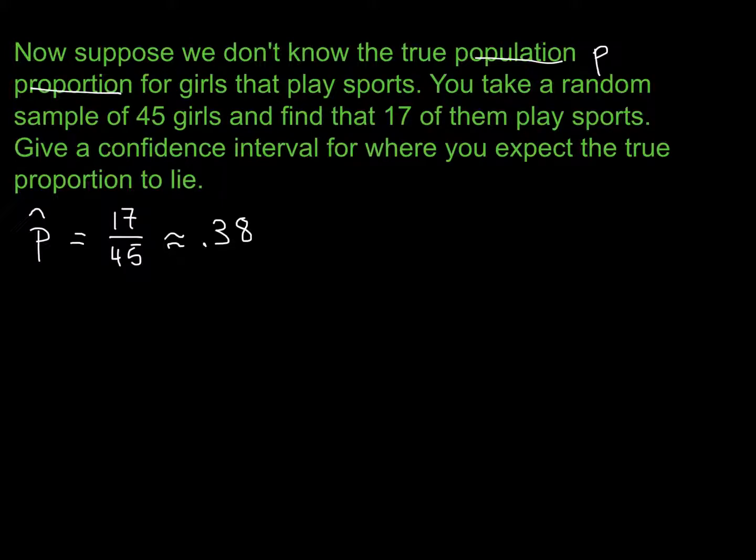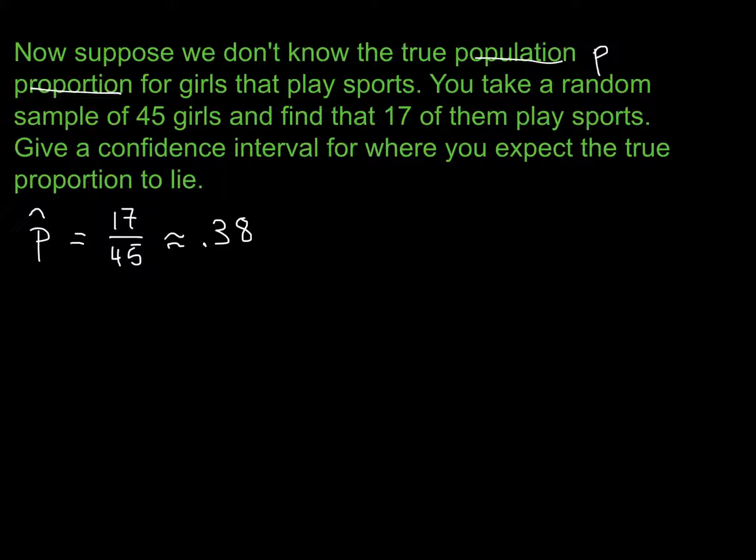And in order to do that, we need to think back to how we constructed our margin of error. How did we compute our confidence interval? And the way we did that is by finding how many standard deviations, what the standard deviation was, and then thinking about 2 standard deviations above and below the mean as encompassing most of the data.